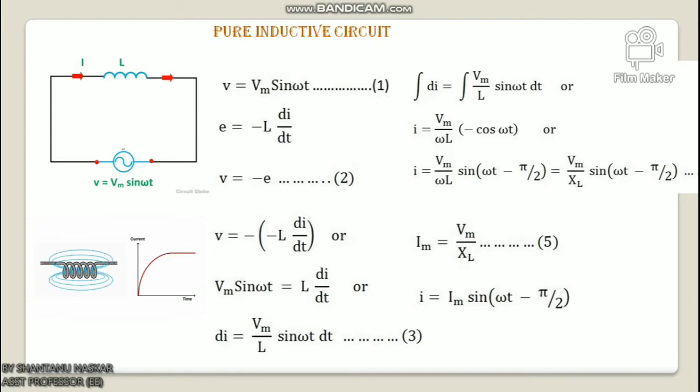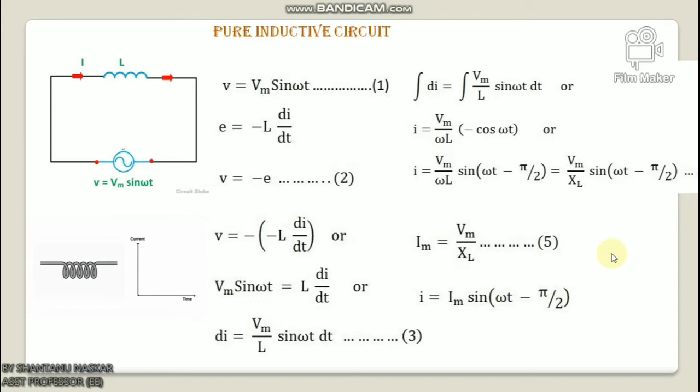The value of current will be maximum when sin of omega t minus pi by 2 equals 1. Therefore, we can write Im equals Vm by XL, equation 5. Now substituting the value of Im from equation 5 into equation 4, we get I equals Im sin of omega t minus pi by 2.